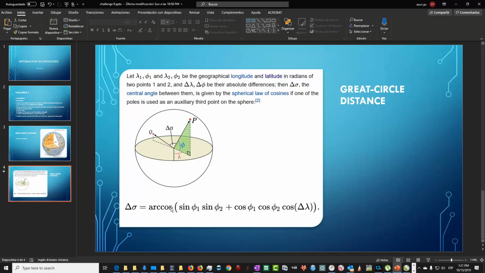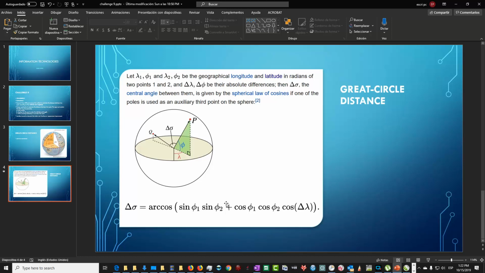So the solution is given by this spherical law of cosines, or great circle distance if you want to look for information. This is the solution. So this angle equals all of this. This is the arc cosine function, and you have sine function and cosine function. We also have a delta lambda, that is the difference between λ2 and λ1. So you only need to subtract λ1 from λ2 to get this value. All these functions are available on the App Inventor.